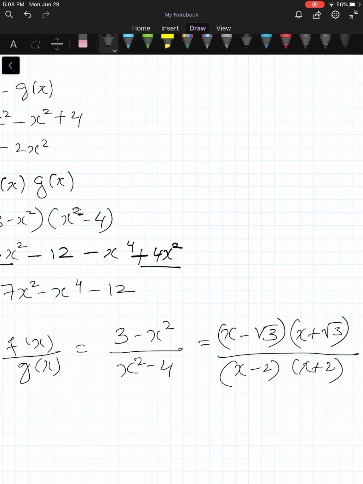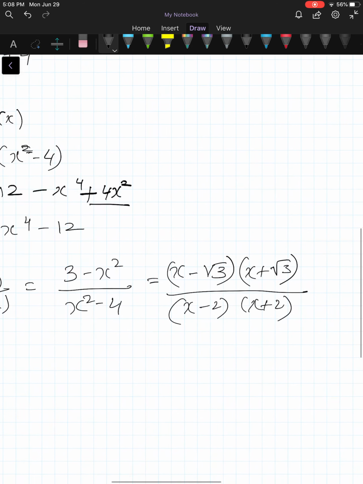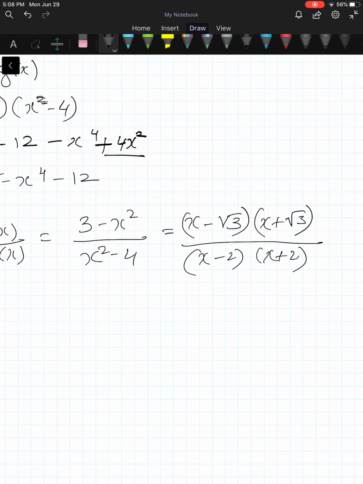So there is nothing more we can cancel out, but you can do a proper division of polynomials, the traditional division. 3 minus x square divided by x square minus 4, you get negative 1. Then negative 4 plus x square, so x square and x square get cancelled.